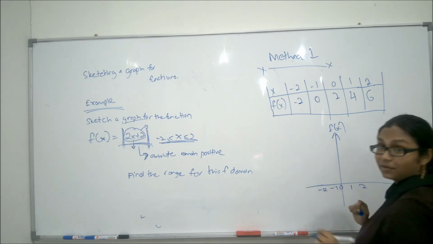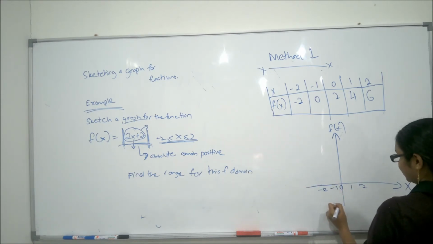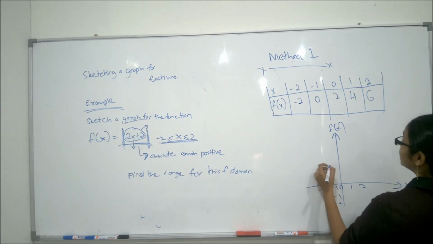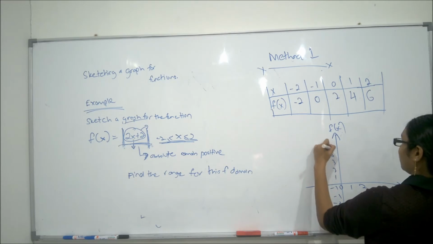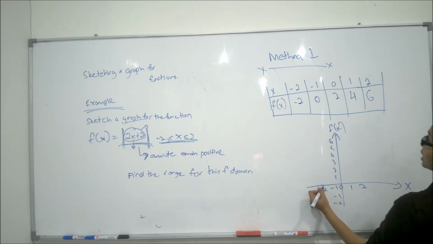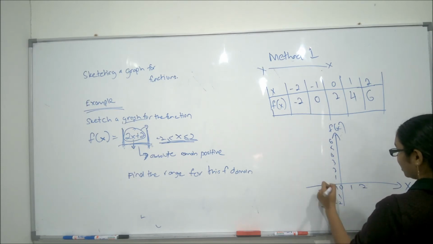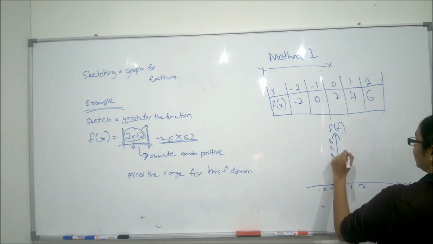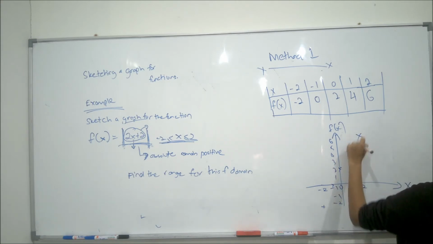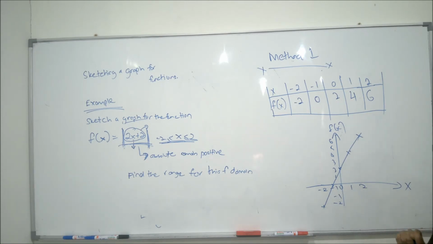This is the given x range. Fx: -2, -1, 0, 1, 2, 3, 4, 5, 6. So the points are -2, -2; -1, 0; 0, 2; 1, 4; 2, 6. Sketch this straight line. Beautiful, right?